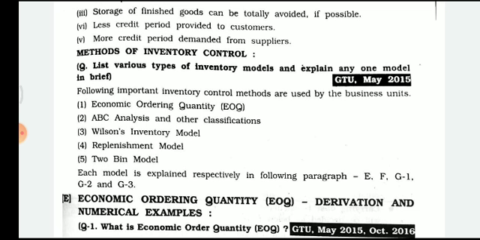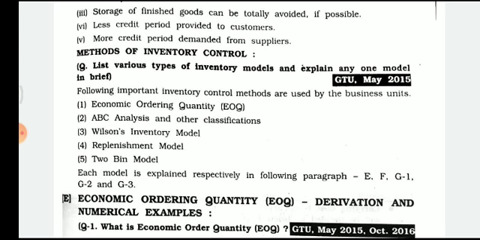This question was asked in GTU: list various types of inventory models and explain any one model in brief. The following important inventory control methods are used by business units. First, economic ordering quantity. Second, ABC analysis and other classifications.